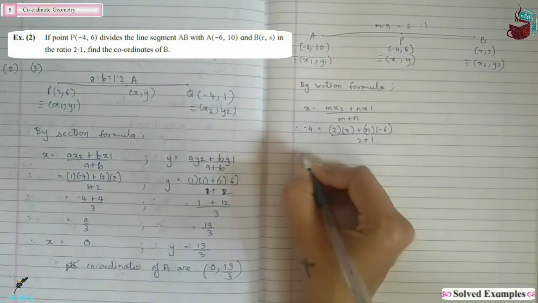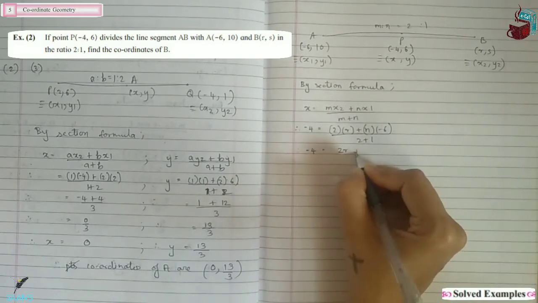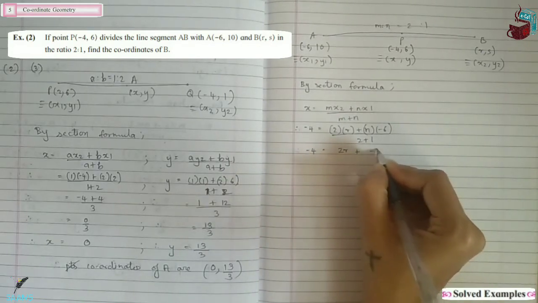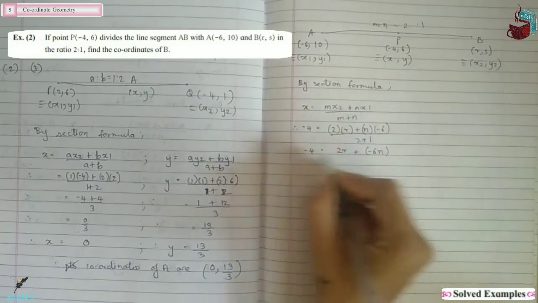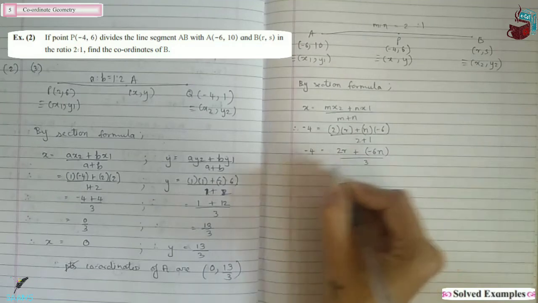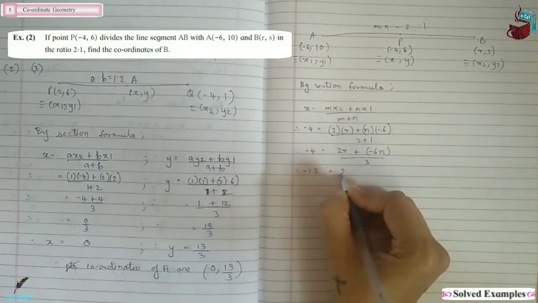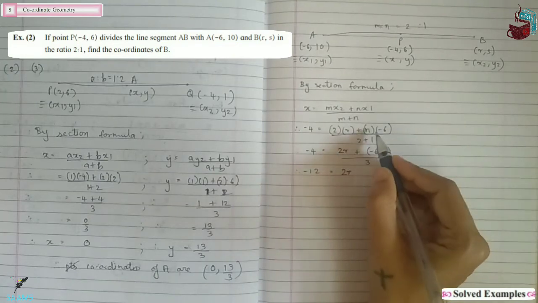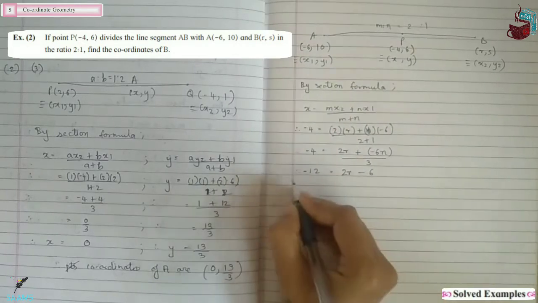Therefore -4 = (2r + (-6)n)/3. That is -12 = 2r plus... now n was supposed to be how much over here? 1, correct. So it is -6.